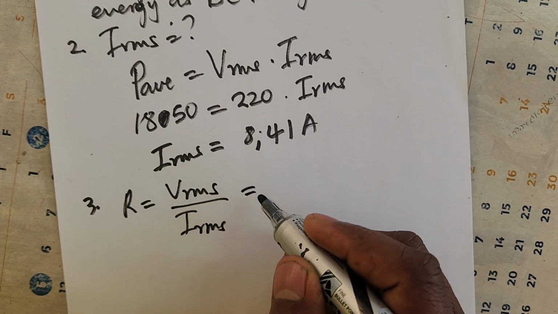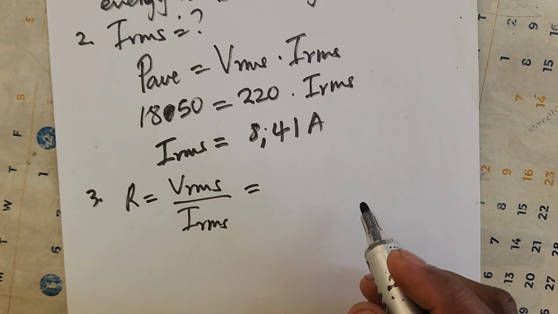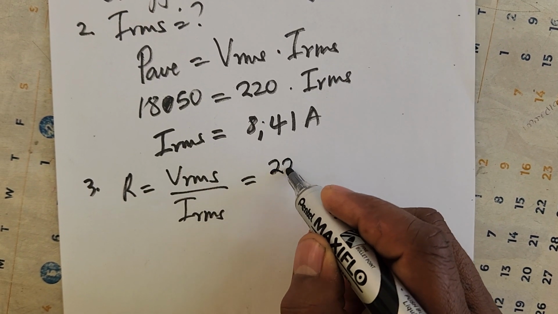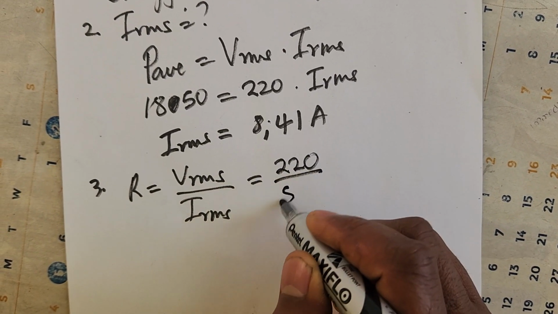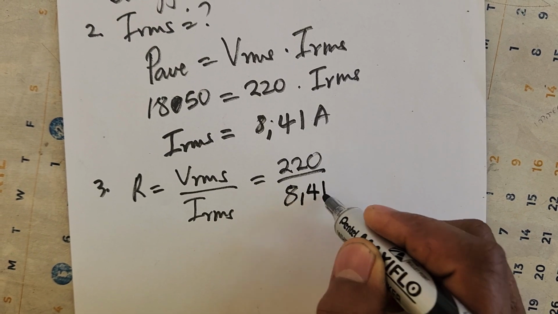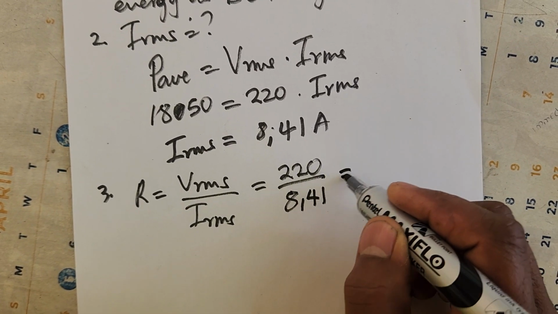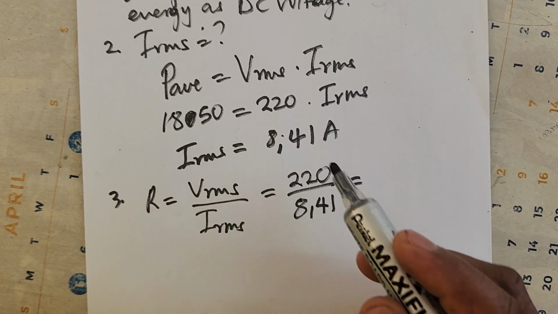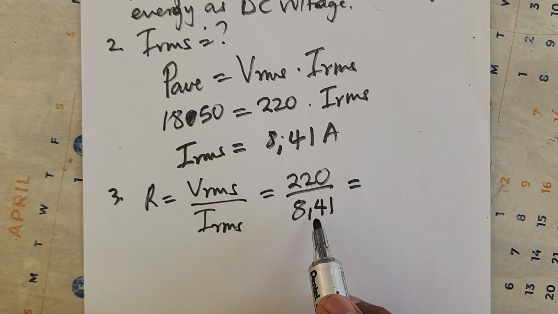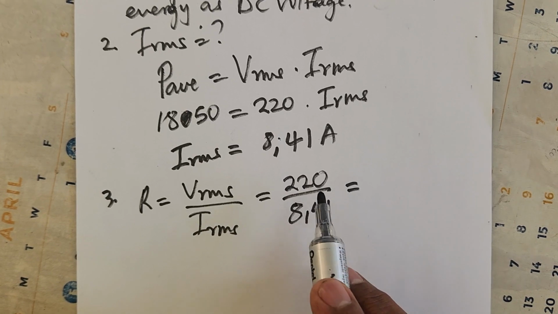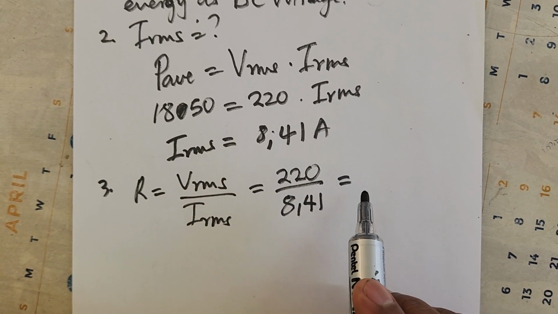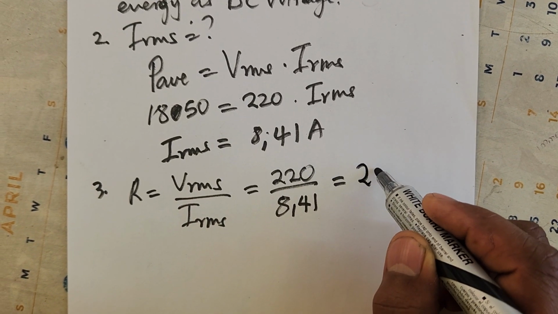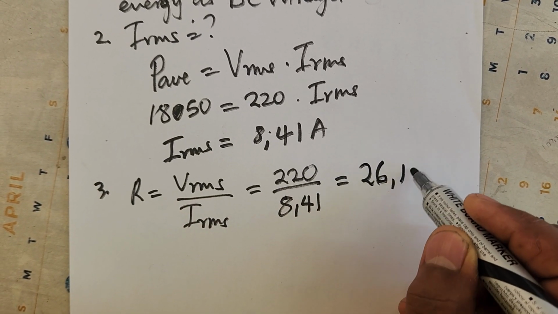We can substitute: VRMS is 220, IRMS we just calculated 8.41. Don't be afraid: even if this is not 8.41 and you use it here, you will get full marks for using this incorrect value. When you use a calculator, you find the resistance is 26.16 ohm.